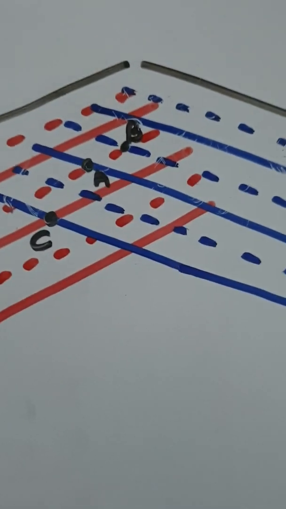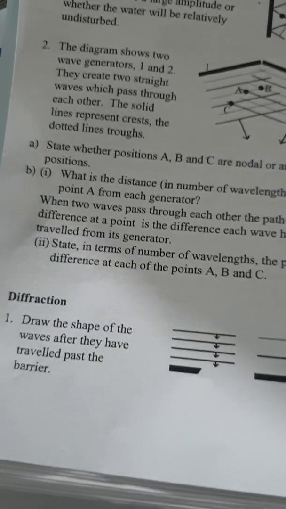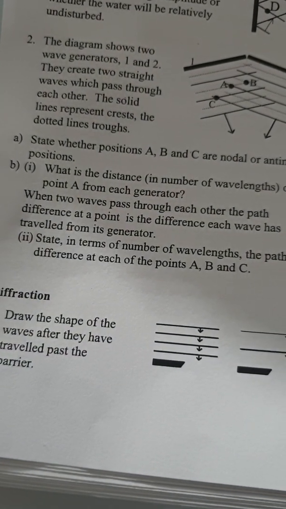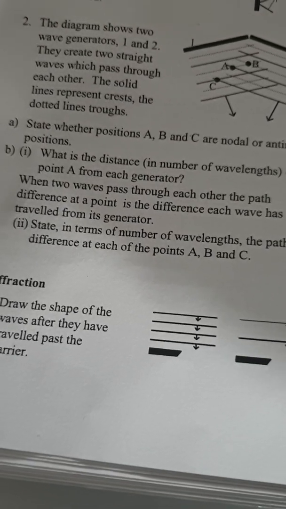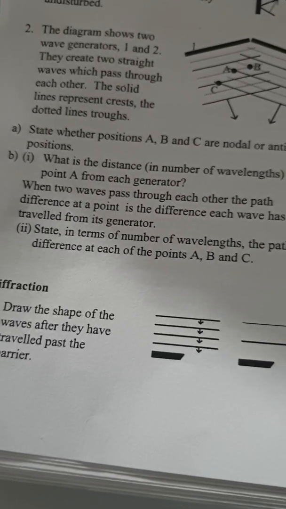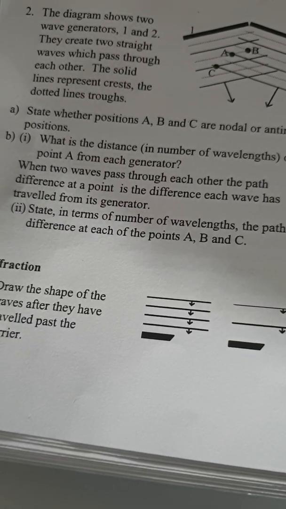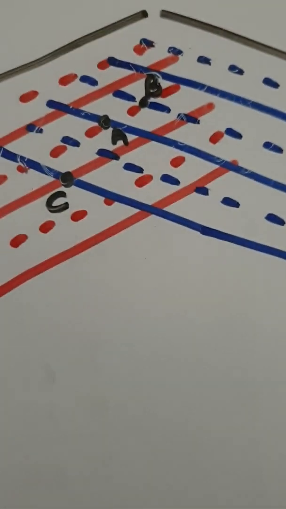Let's read the next part of the question. When two waves pass through each other, the path difference at a point is the difference in distance each wave has to travel from its generator. Now state in terms of number of wavelengths the path difference at each of the points A, B, and C. We've just done A.